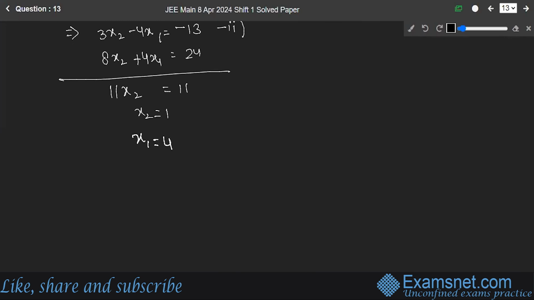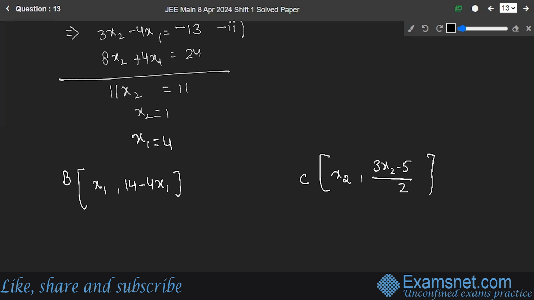It will come. Okay, so what does your point B become? B was x1, 14 minus 4x1, and C point was x2, 3x2 minus 5 upon 2. So the B point becomes here 4 and minus 2. Similarly, the C point will be 1 comma minus 1.